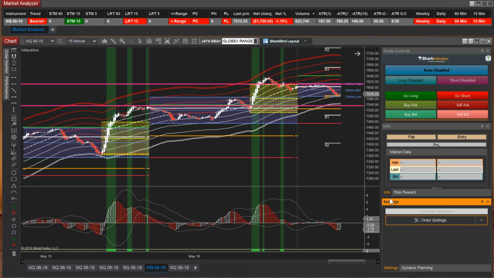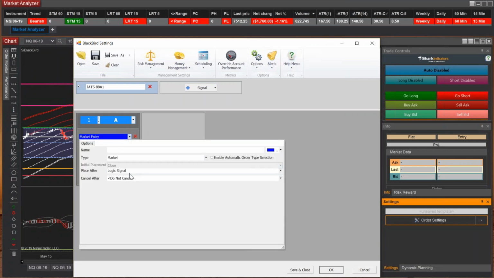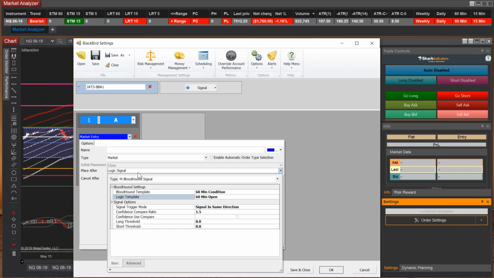But do keep in mind that you are able to come back in here in the BloodHound platform and tell the platform when to execute your condition by putting in a secondary condition or creating a moving average crossover or something like that. If you want the weekly, daily, 60, 15 to be all the same color, you can set up your own whatever.